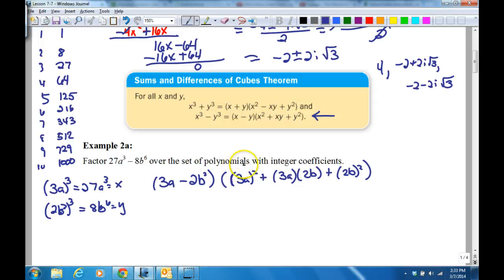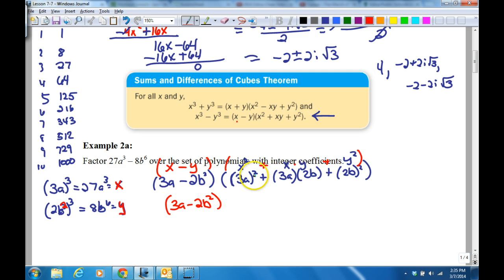Notice, this is my x squared value. This is my x times y. This is my y squared value. Can you explain the second part that you started? Let's just simplify this out. We have 3a minus 2b squared still.